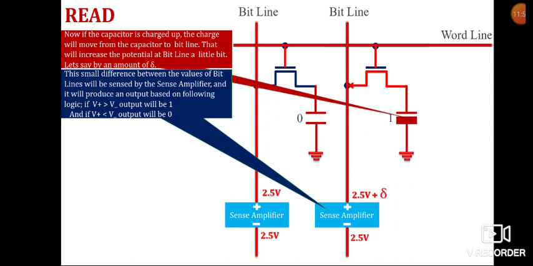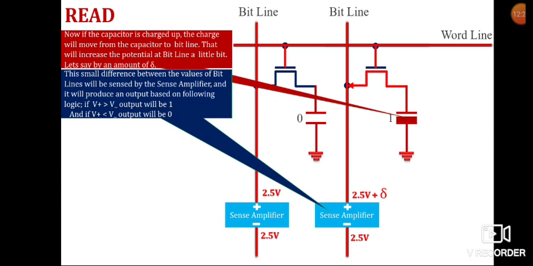That output will be produced based on the logic I have told you earlier also, and here also I have written that if V plus is greater than V minus, then the output of this sense amplifier will be 1, and if V plus is less than V minus, then the output will be 0. Inside the sense amplifier, we have a comparator, if you remember.